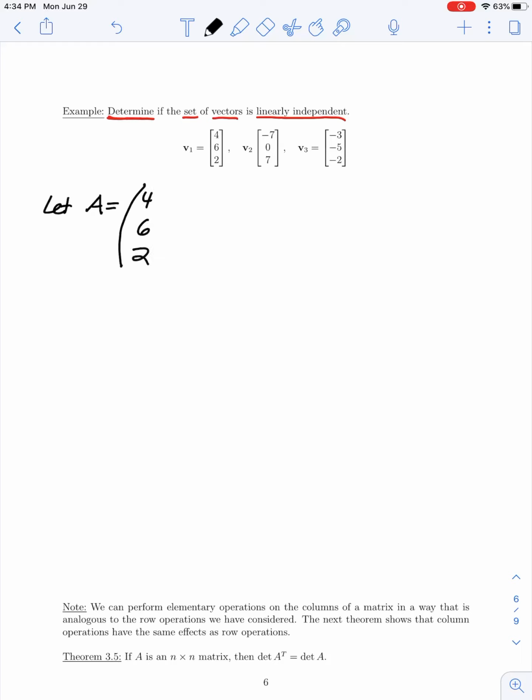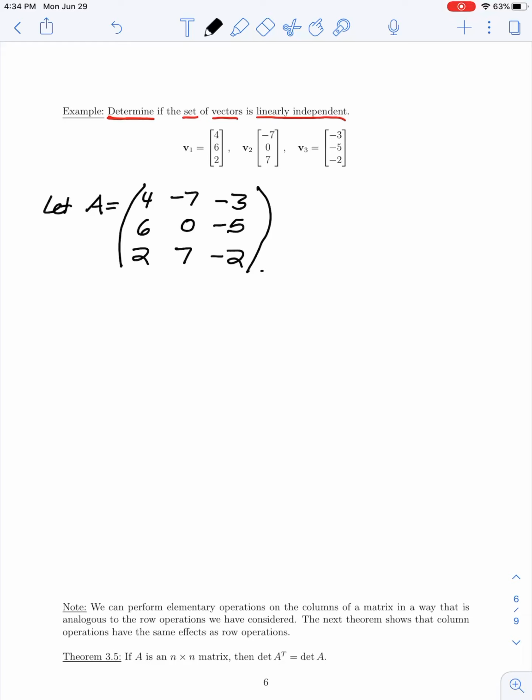So 4, 6, 2, -7, 0, 7, and -3, -5, -2, and see whether this matrix has a zero or non-zero determinant. Looking at our matrix to determine what approach we might use to find our determinant, it doesn't seem like row reduction is particularly nice here.